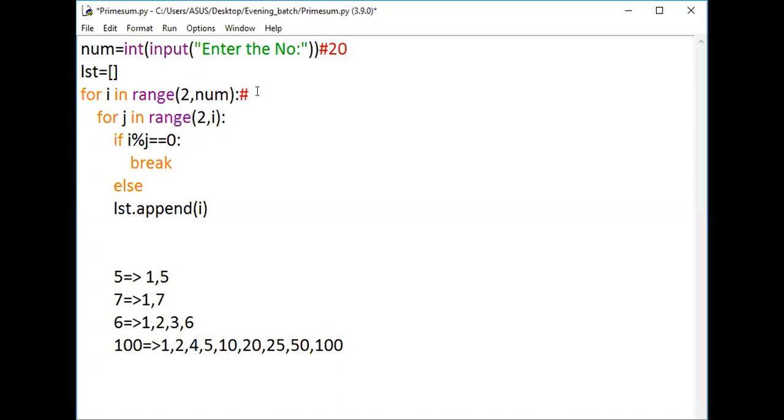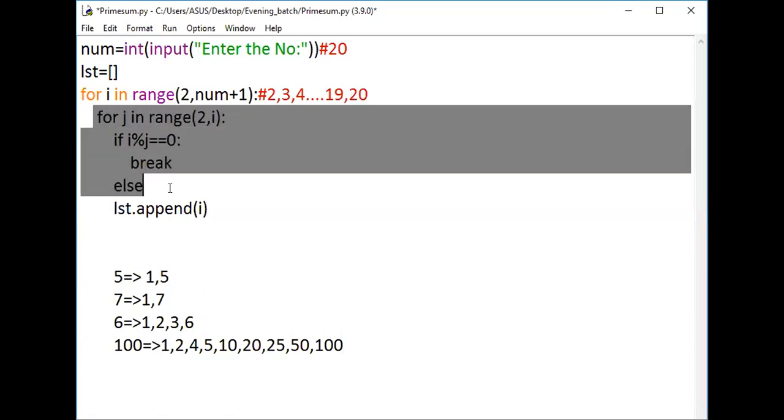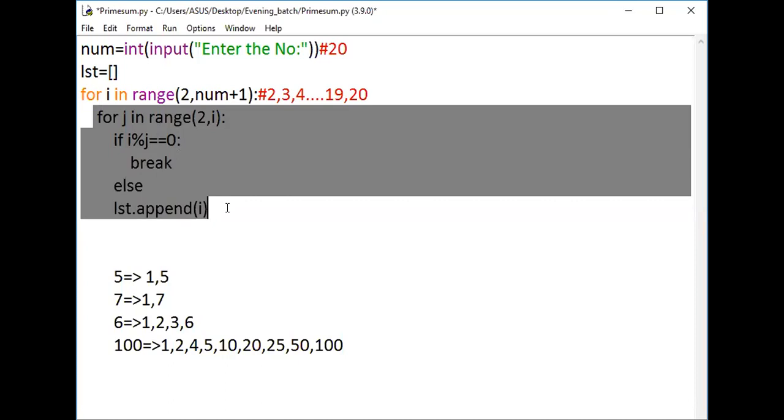You're passing 2, 3, 4, one by one, till 19, so you can just put plus 1, including the number. So till 20, you're going to pass one by one number, and by using this loop you're checking whether it is a prime number or not.